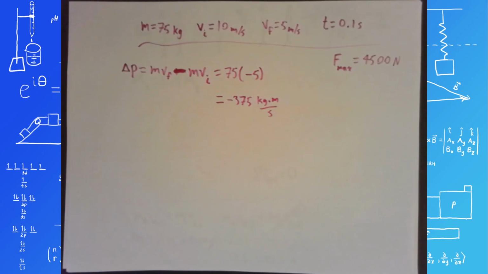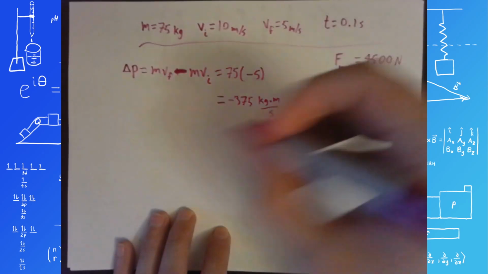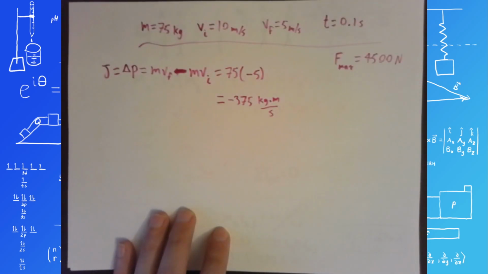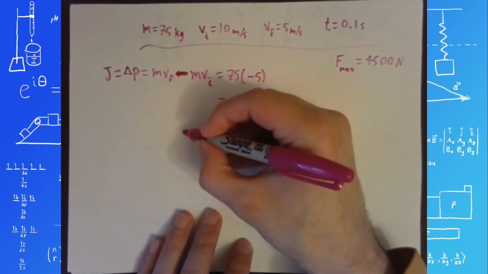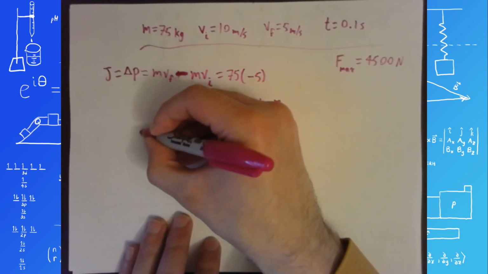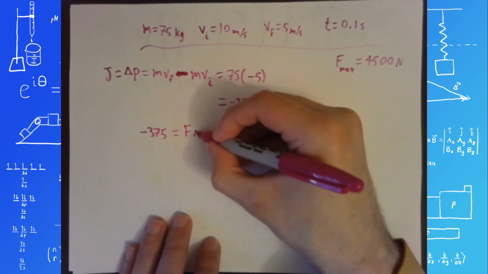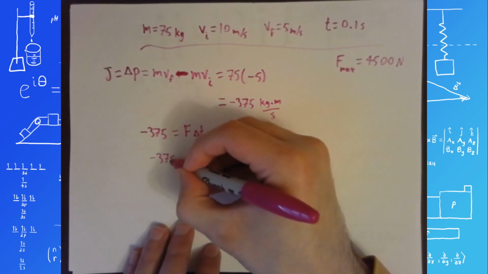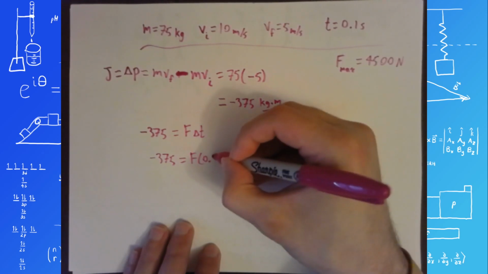And we can set the change in momentum equal to the impulse. The impulse-momentum theorem tells us that impulse is equal to change in momentum. So if the impulse is negative 375, then we can also set that equal to the definition of impulse. Impulse is equal to force times change in time. So negative 375 is equal to force times 0.1.